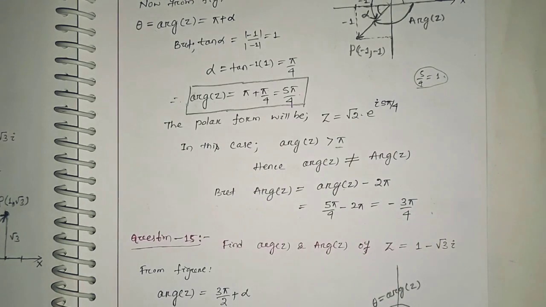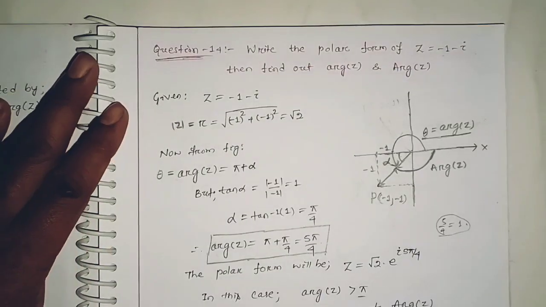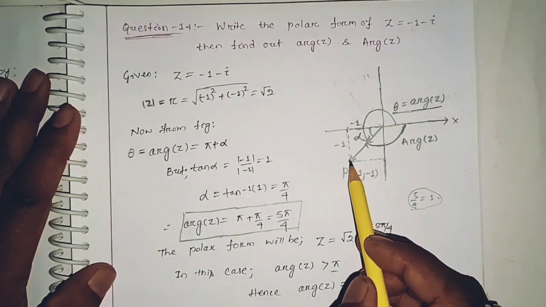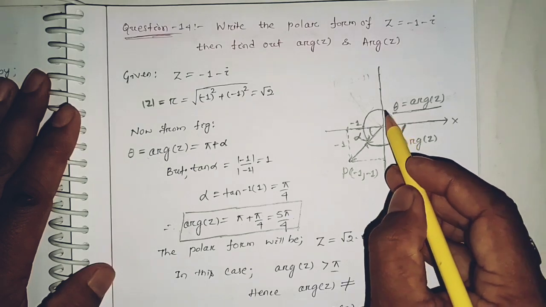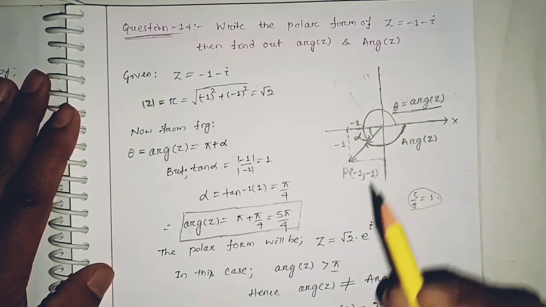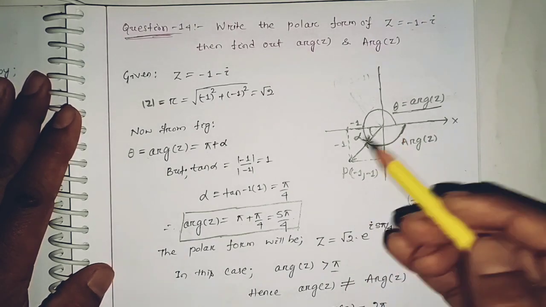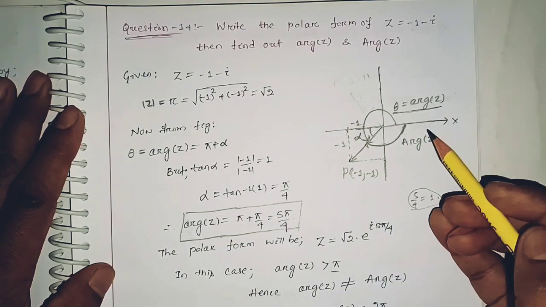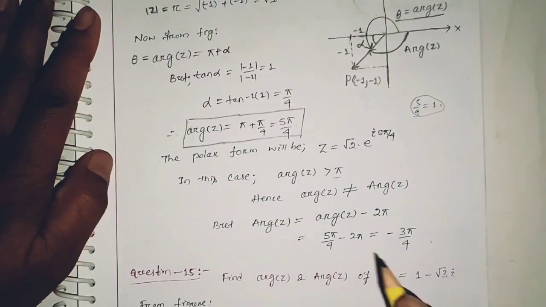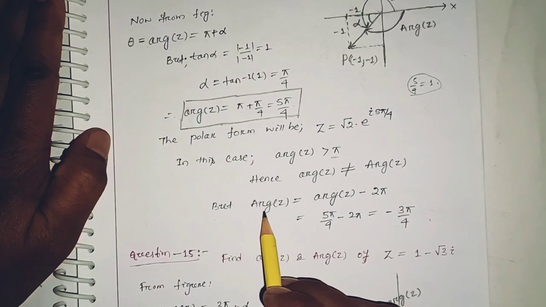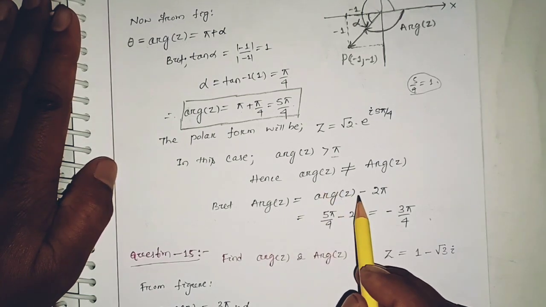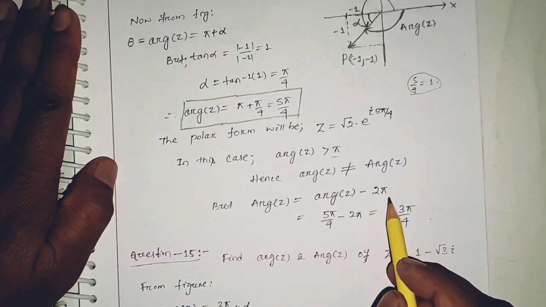Okay. So in short, I'm going to revise this question once again: if the point lies in the third quadrant, first you have to find the argument. If the argument is not in between minus pi to pi, then the principal argument of that complex number will be the argument of that complex number minus 2 pi.